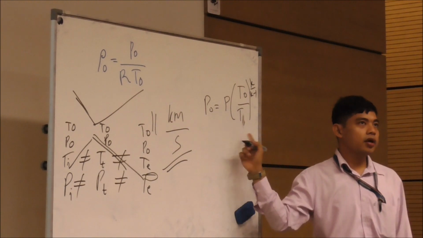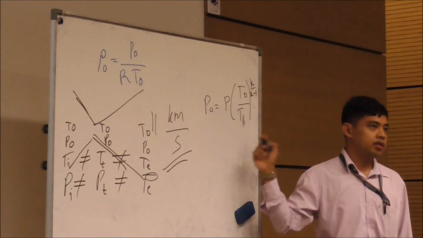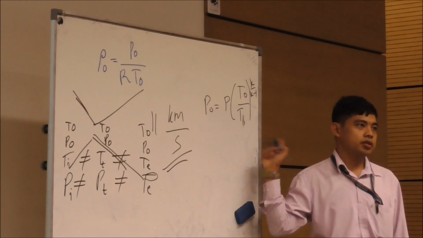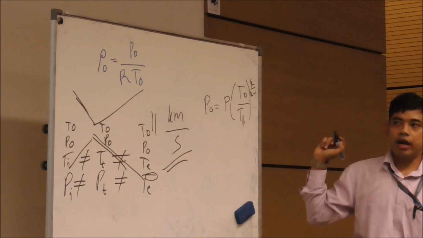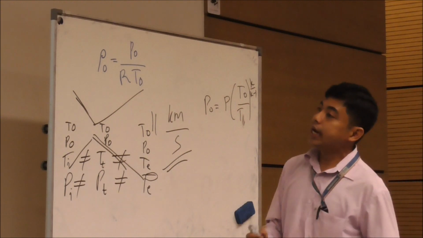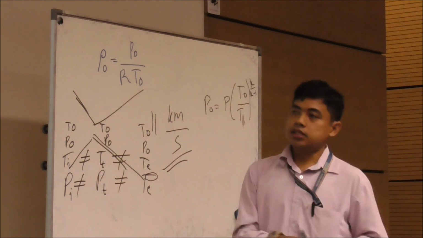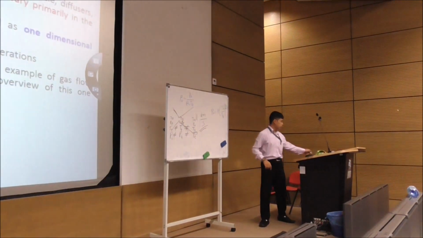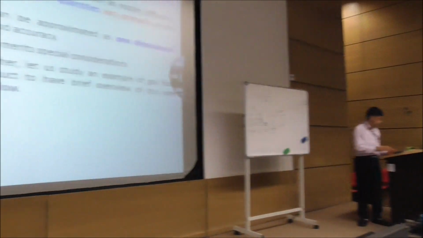This correlation is only for isentropic flow. Other than that, you cannot use it. So every time you are working with compressible flow, you need to assume that the flow is isentropic. If the flow is not isentropic, you cannot have it.